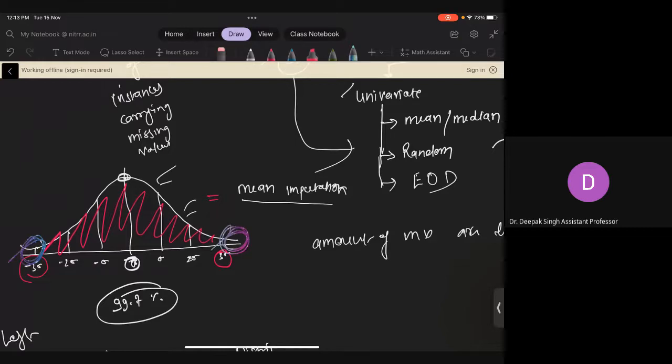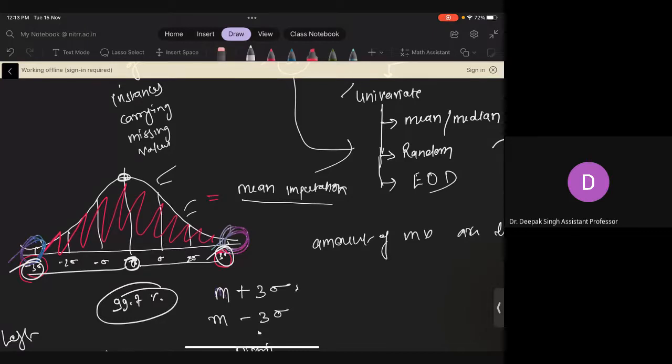What I can do is I can fetch a value from mean plus 3 sigma or mean minus 3 sigma. Plus 3 sigma means I moved myself to this position, and minus 3 sigma means I moved myself to this position. And now I can take the value mu plus 3 sigma and mu minus 3 sigma as an imputation value at the missing values.